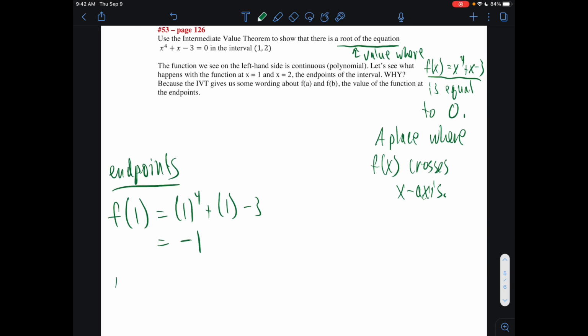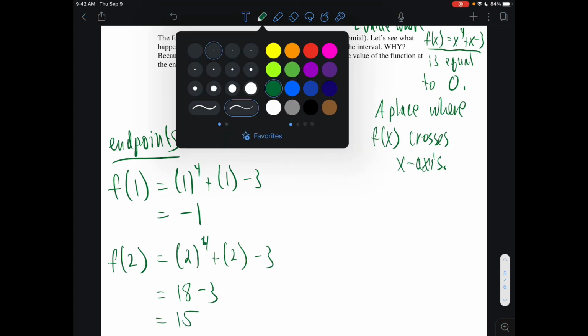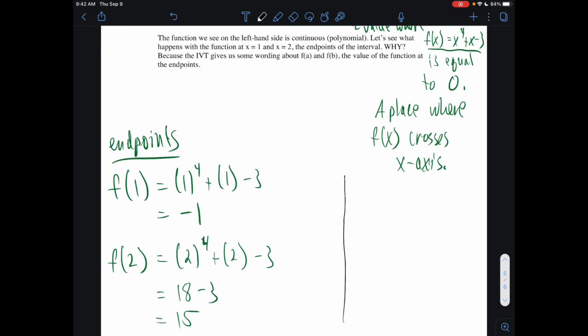The other endpoint, f of 2, gives us 2 to the fourth plus 2 minus 3, which gives us 16 plus 2, or 18 minus 3, which is 15. So here's what we can notice. At 1, the function value is negative 1. At 2, the function value is positive 15.